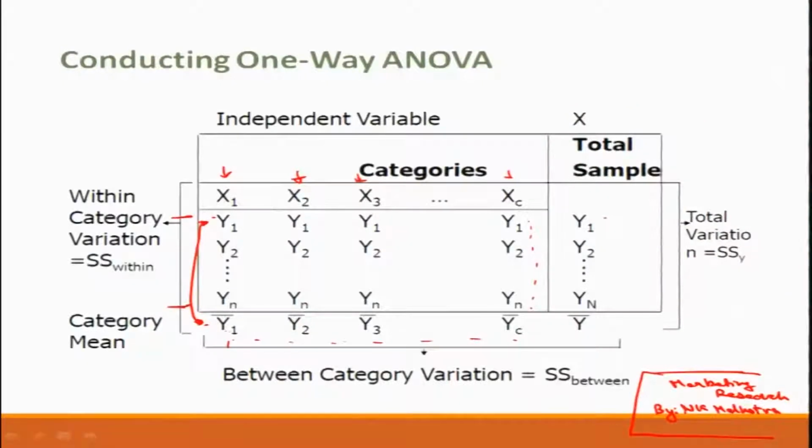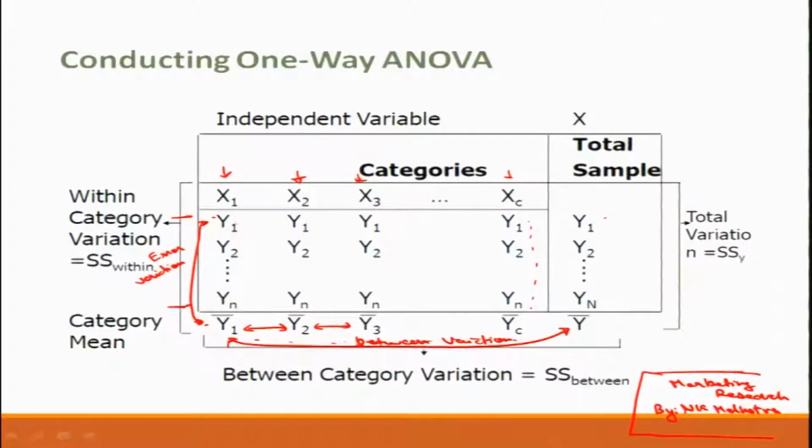Yj bar is y1 bar, and this minus this is the error variation. Between y1 bar and y bar, this is my between variation.